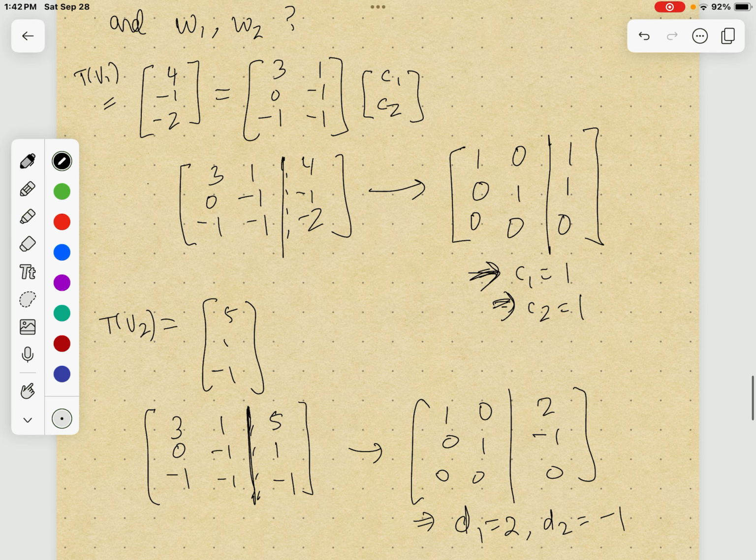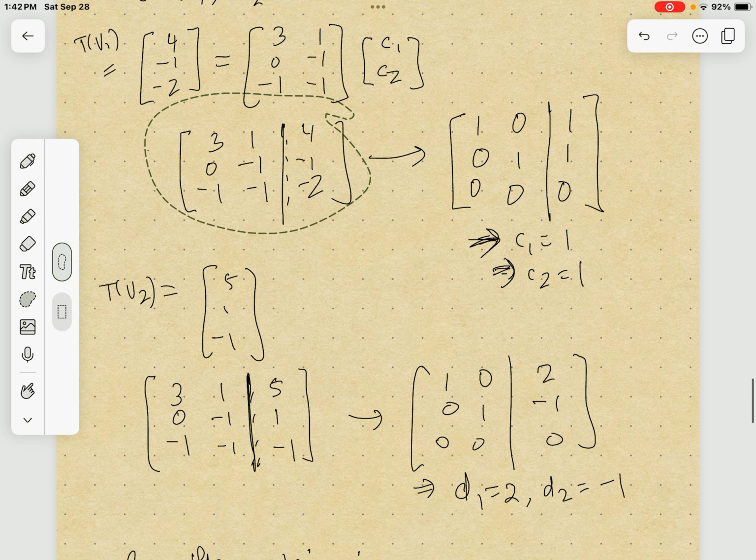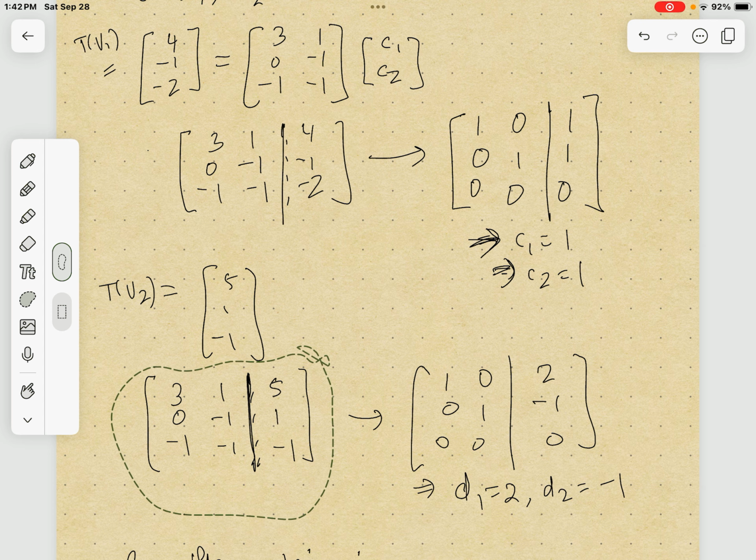By the way, it's maybe not something I'll make a big deal out of, but notice that we did two separate row reductions. We did one here and we did one here. But hopefully when you learned about finding the inverse of a matrix, you learned that you can actually do this in one step instead of taking two augmented matrices.